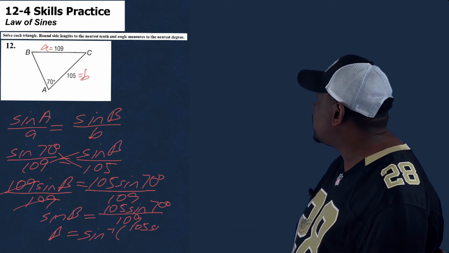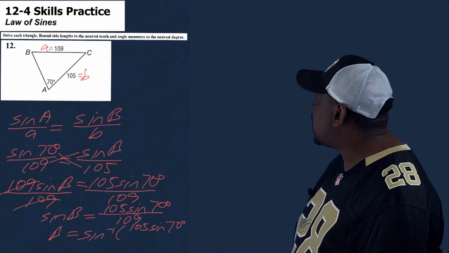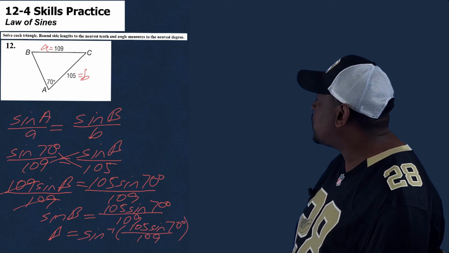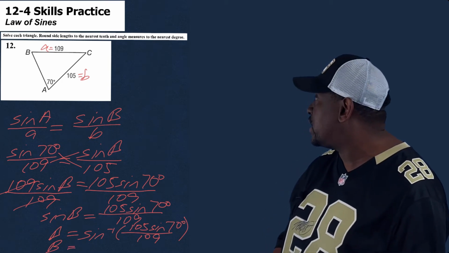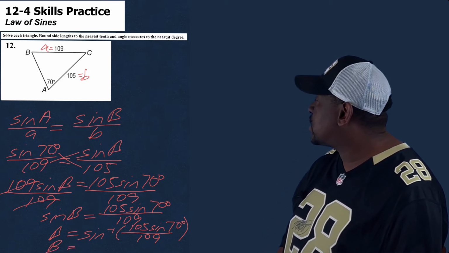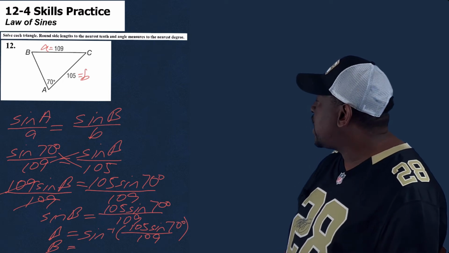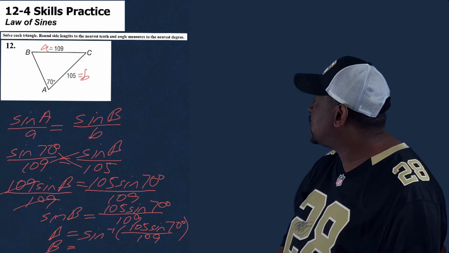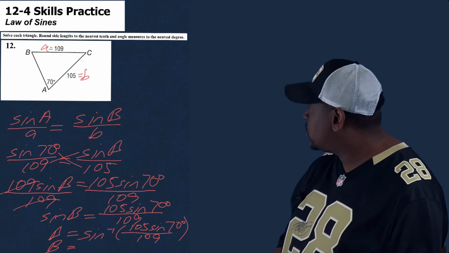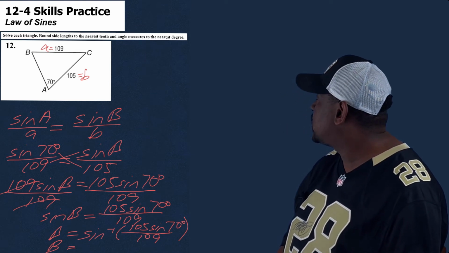So you get your calculator out, you take the inverse sine of that quantity, and you will get angle B. And so angle B is going to be equal to, what is angle B?